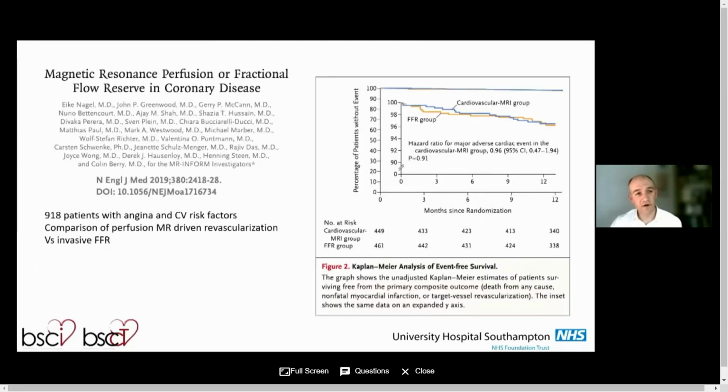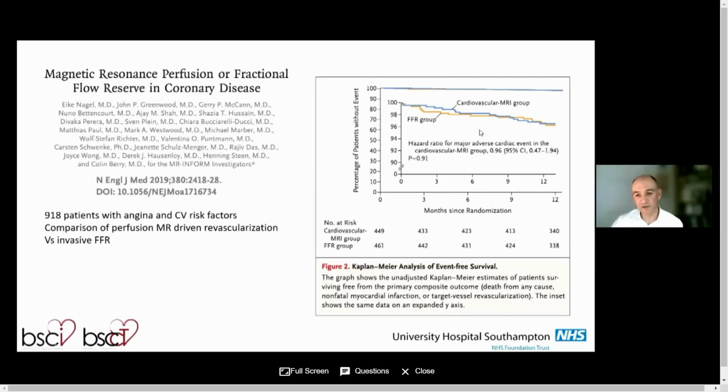And one final piece of research that has been talked about a lot in the last couple of years with regard to cardiac MRI in patients with chest pain is the MR-INFORM study that was published in the New England Journal of Medicine in 2019 by Nagel and colleagues, where they looked at patients who had angina and cardiovascular risk factors, and compared MR perfusion test-driven revascularization versus invasive assessment of fractional flow reserve, as indicated by the FAME studies.